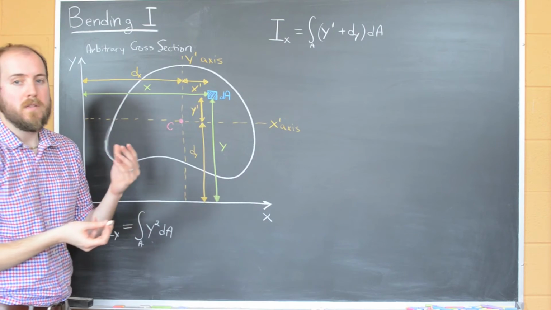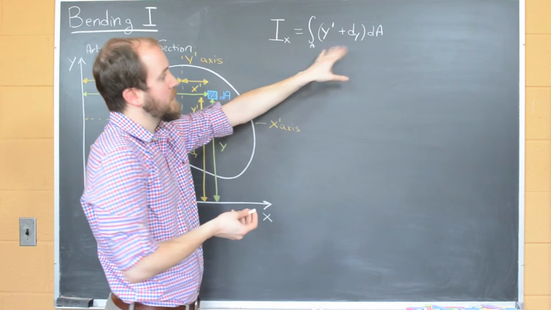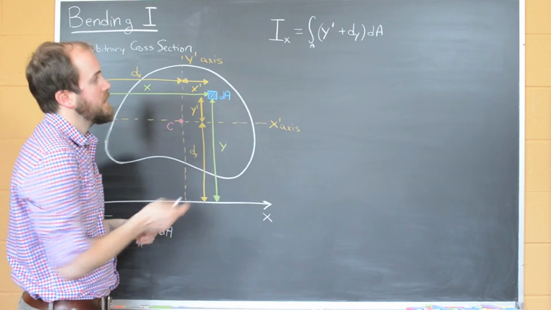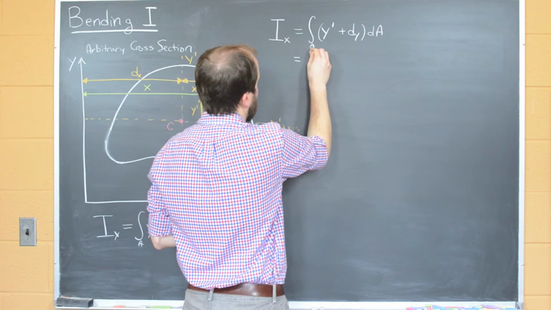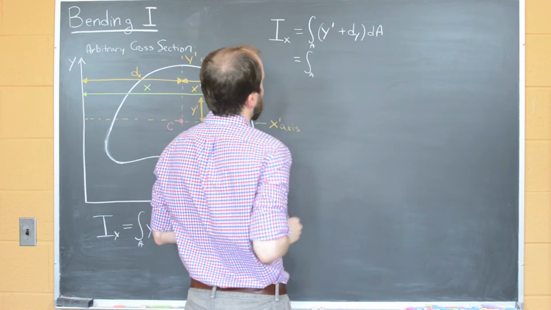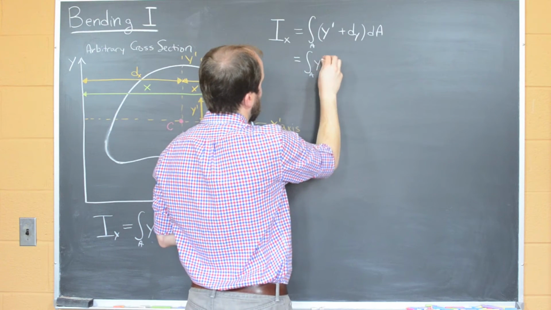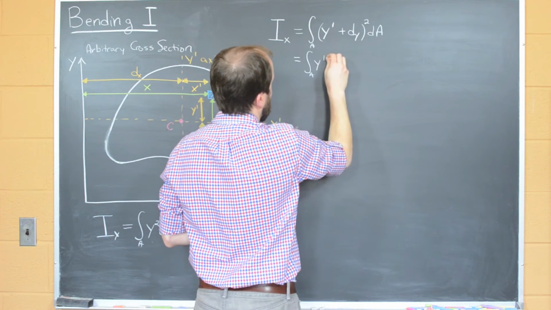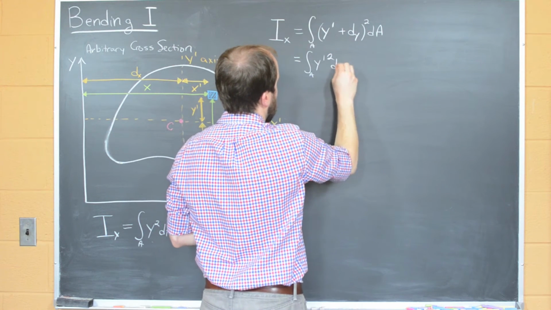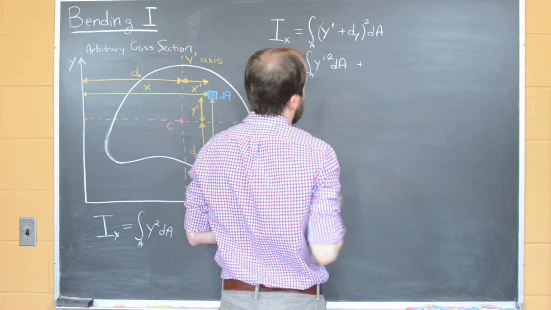And so if we do that, we can simply distribute through this area element and have this look like the integral of the area of y prime squared dA, plus d sub y.